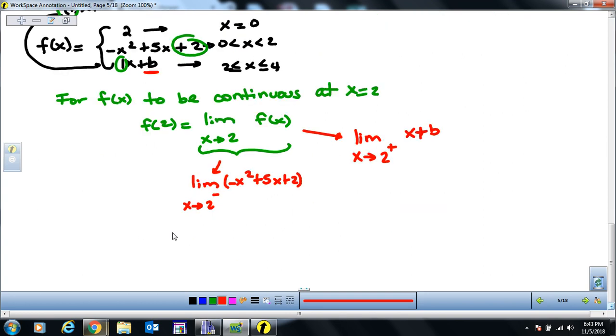Okay, so now evaluating this at 2 is going to be the same thing as substituting into the function, and all this being equal to 8. And for this one, it's basically just putting 2 plus b, right? Because you're just going to put the 2 into the x.